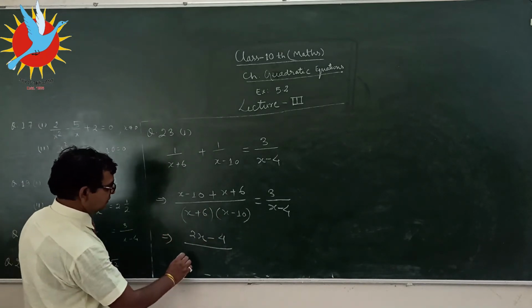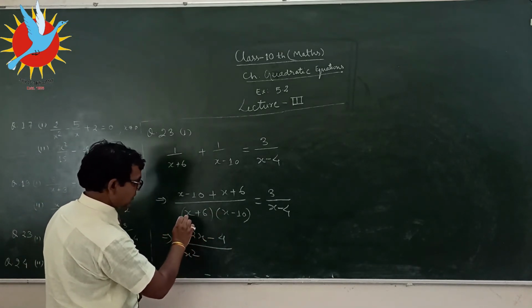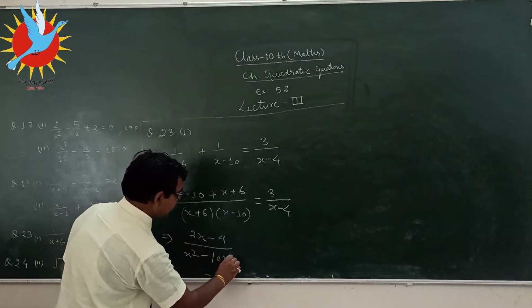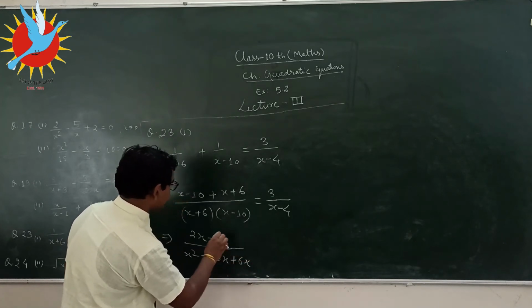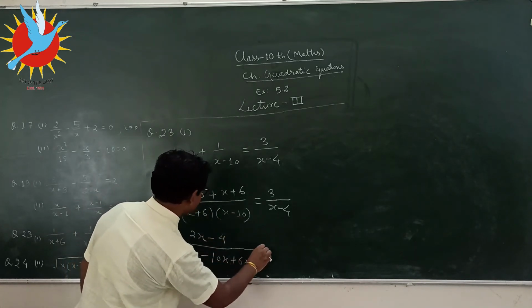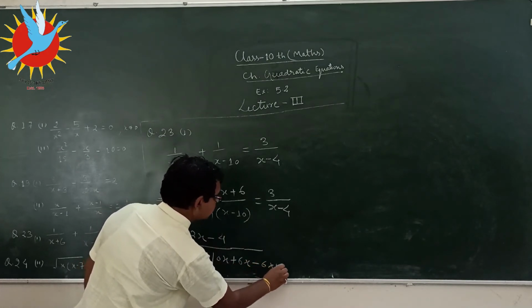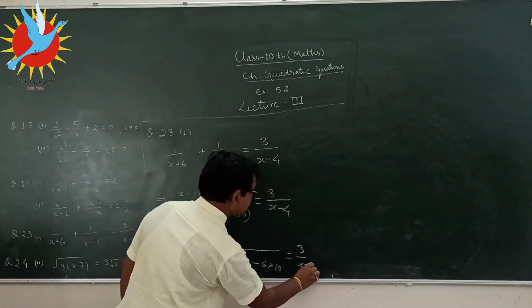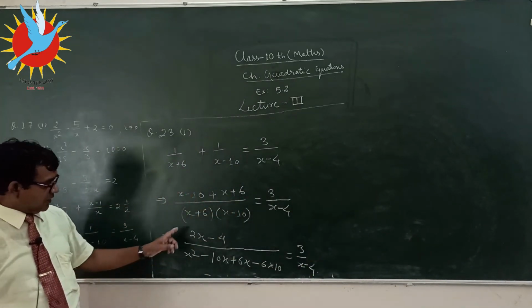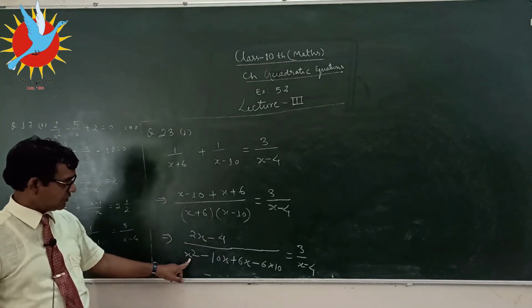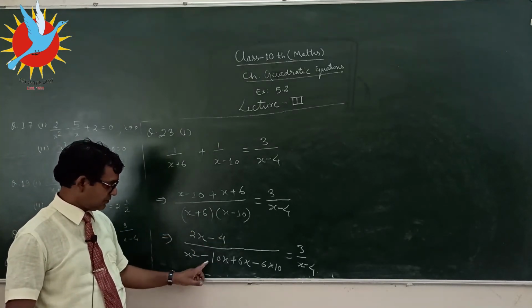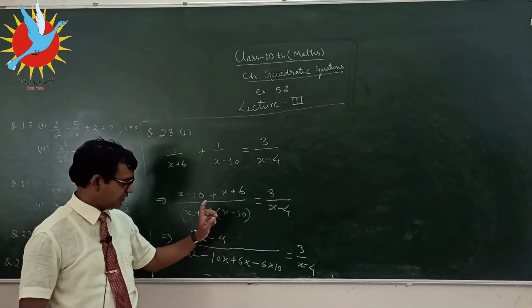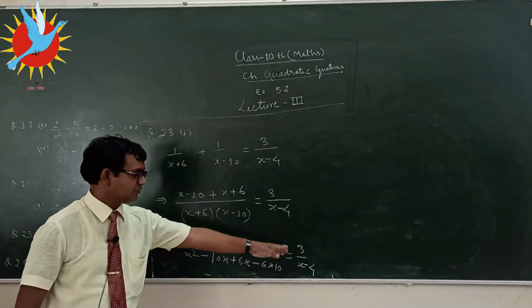X multiplied by x becomes x square, and x multiplied by 10 is minus 10x. 6 multiplied by x is 6x, and 6 multiplied by minus 10 is minus 60, equal to 3 upon x minus 4. Now the right hand side is this.